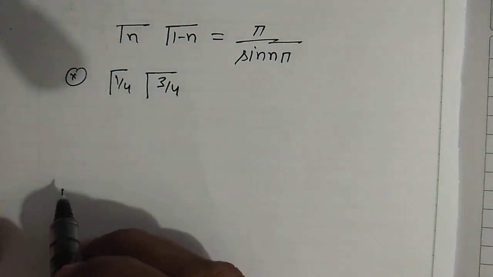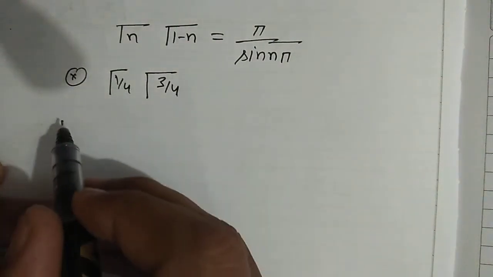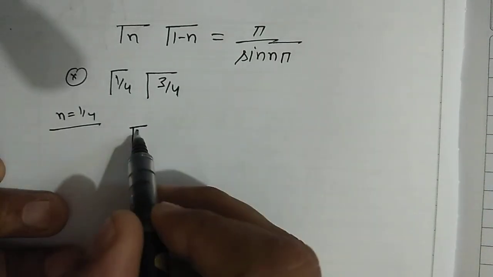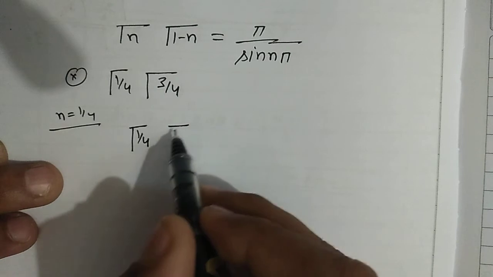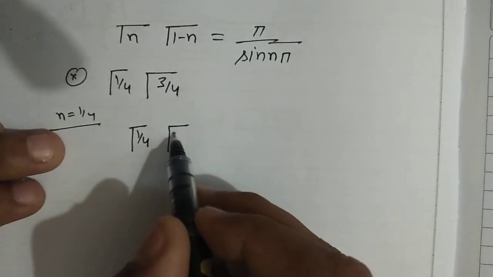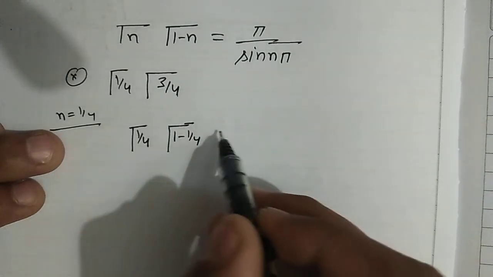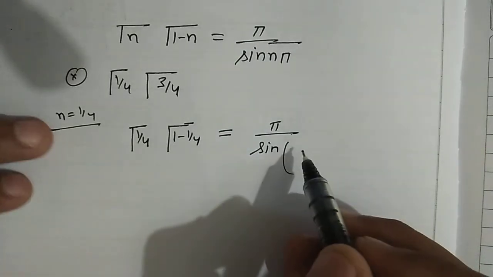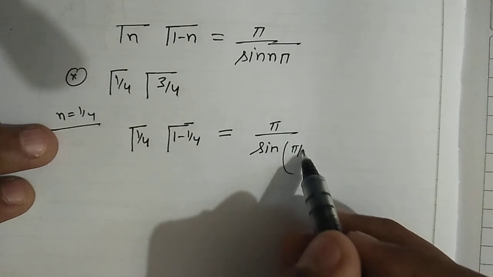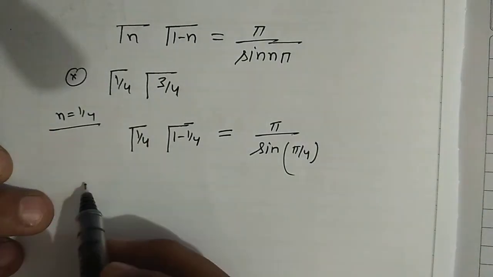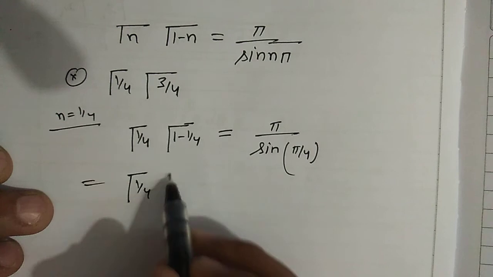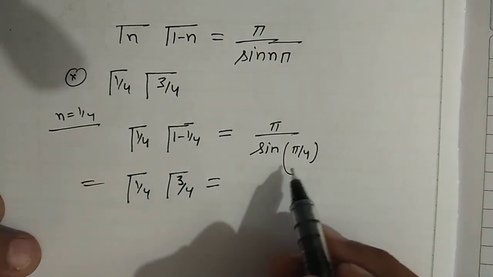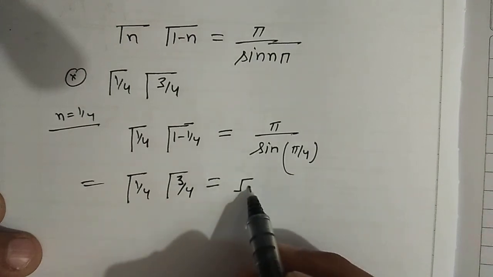Using this formula, let n equal 1 by 4, so 1 minus n equals 3 by 4. So it equals pi upon sine(pi by 4), which gives root 2 pi. This is the answer.